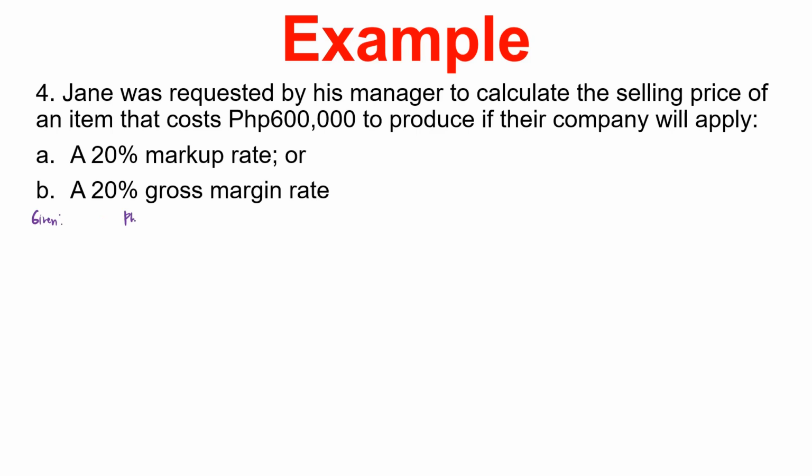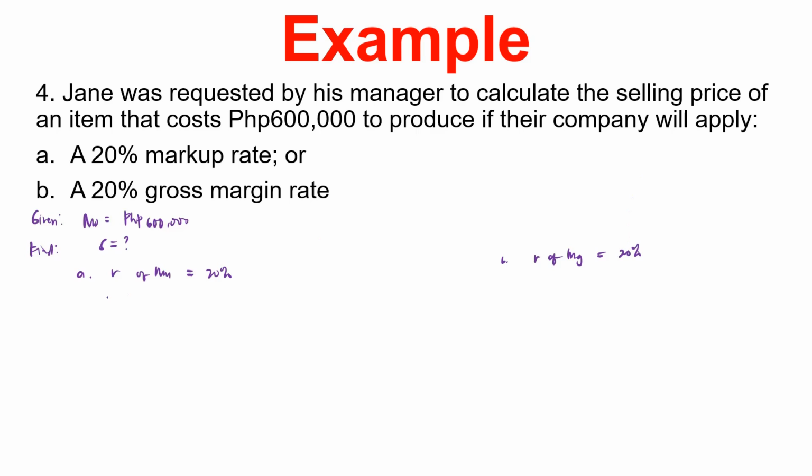So, 600,000 is the cost price. Okay? So, we're looking for the selling price given that the rate of the markup is equal to 20% and given also the rate of the gross margin which is 20% as well.